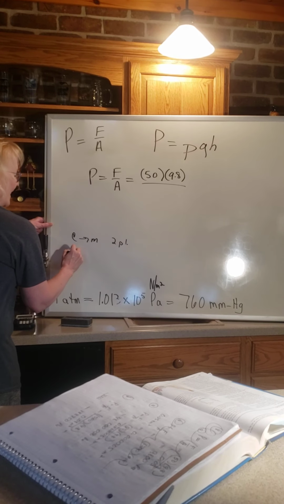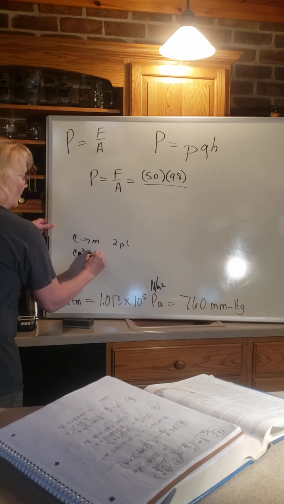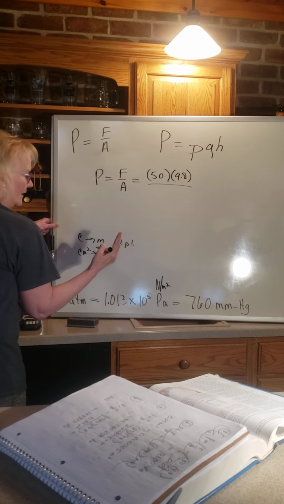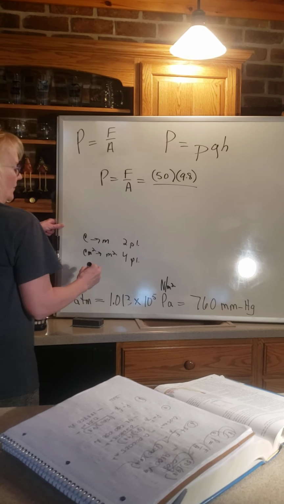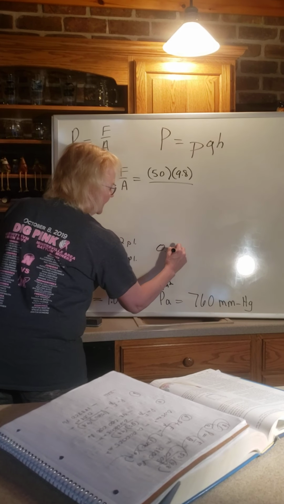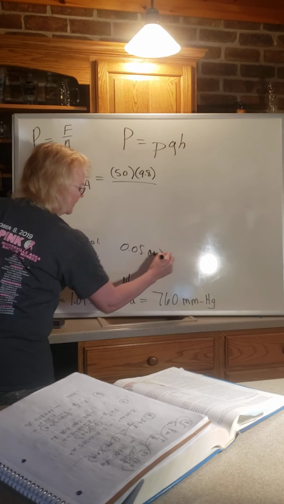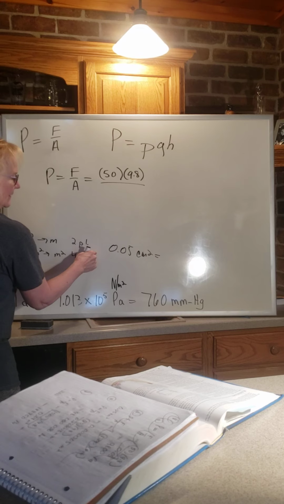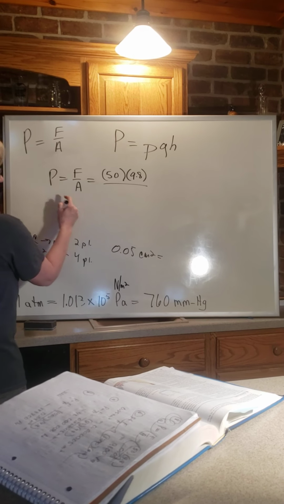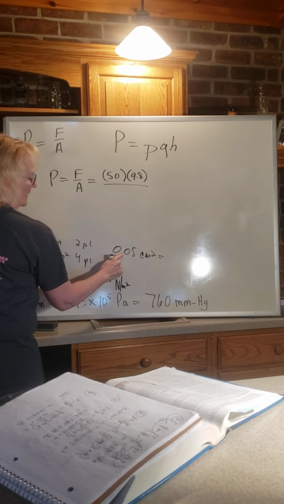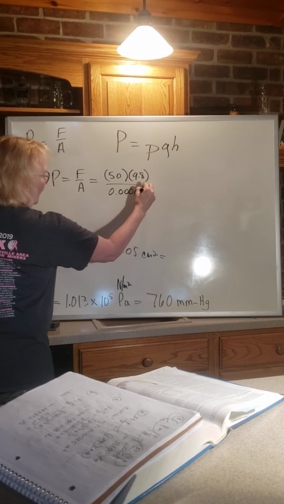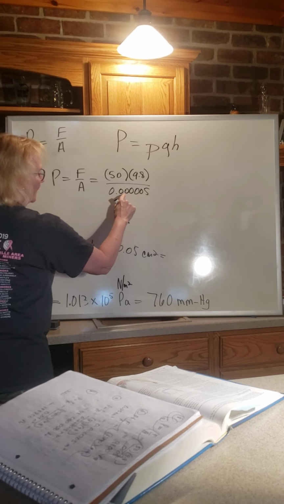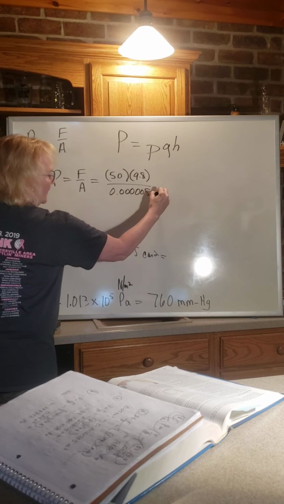But when it's square centimeters to square meters, it's 2 dimensions, so it's 4 places. So a 0.05 square centimeter heel, you got to move this 4 places this way, which is going to make this number huge. So 1, 2, 3, 4. That's square meters.